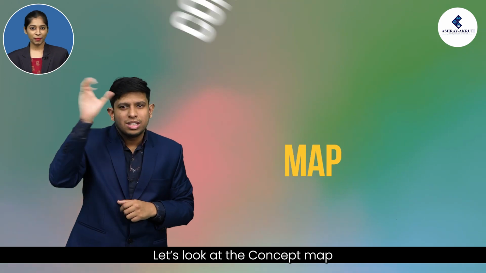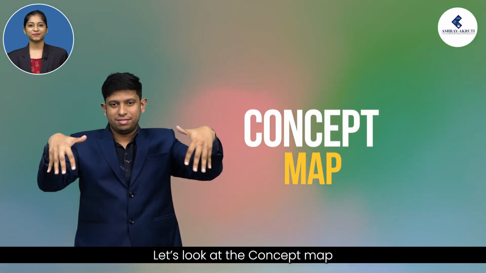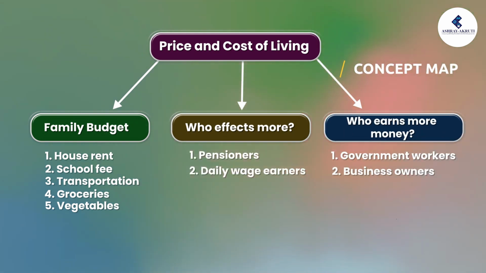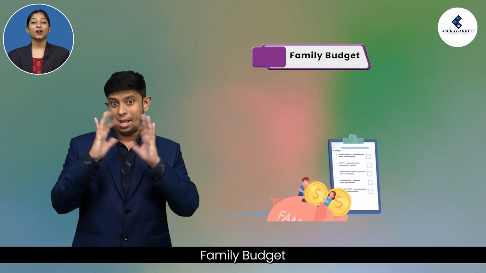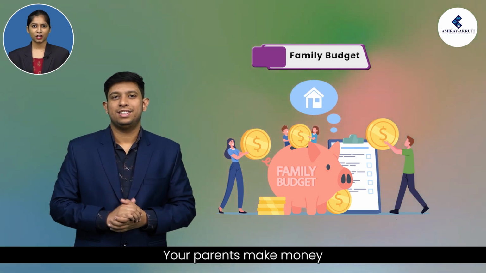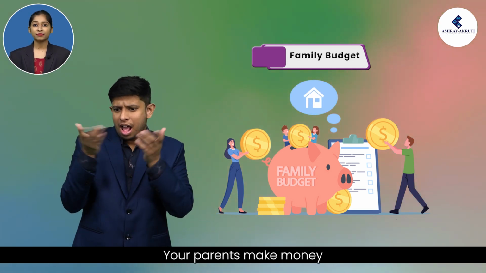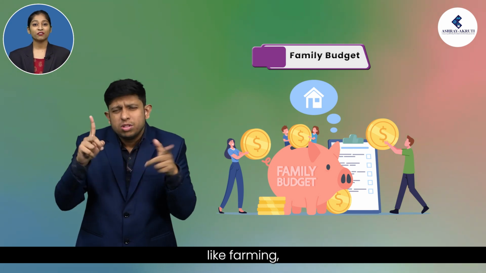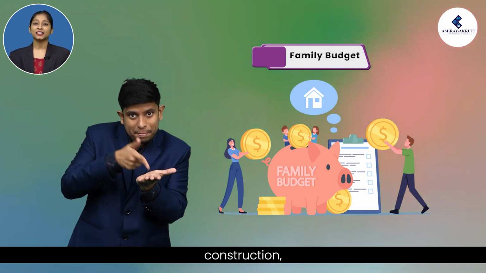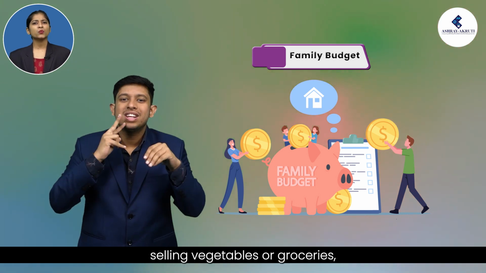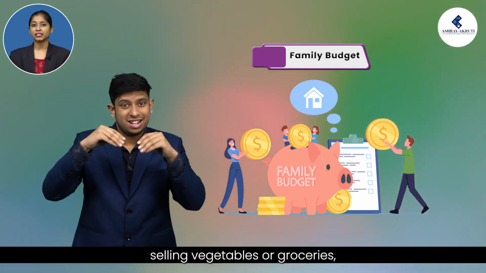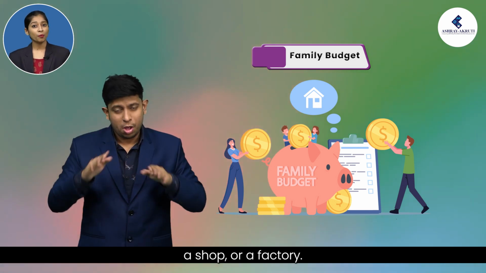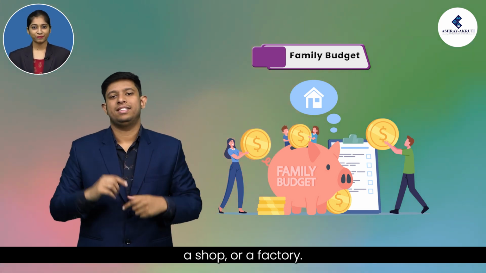Let's look at the concept map. Family budget. Your parents make money by working in different jobs like farming, construction, selling vegetables or groceries, or working in an office, a shop, or a factory.